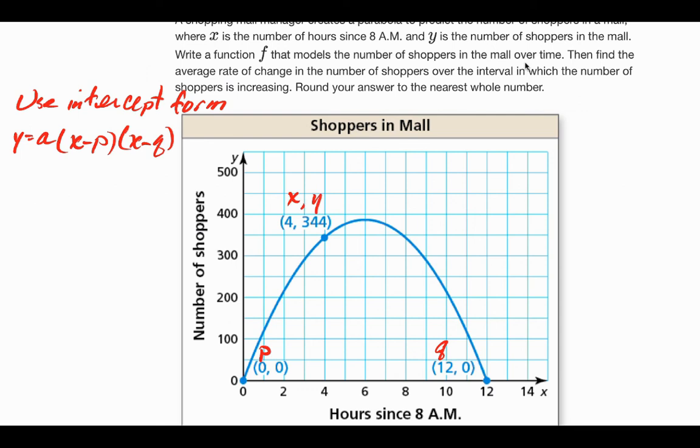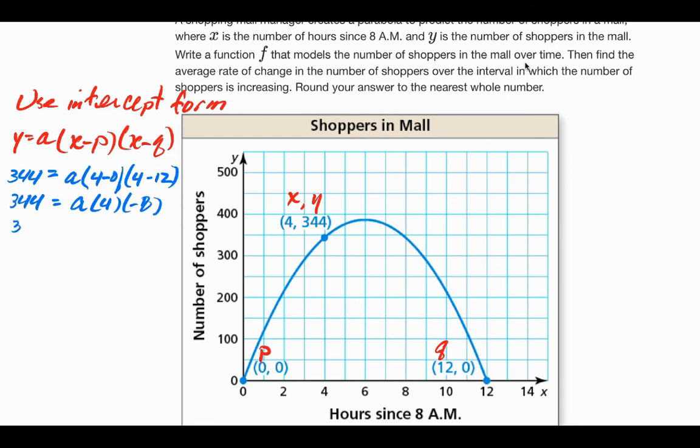So I'm going to plug everything in. So 344. Again, our a is what we're always trying to find. Our x is 4, so 4 minus 0. And our x is 4, 4 minus 12. So we'll get 344 is equal to a times 4 times negative 8.